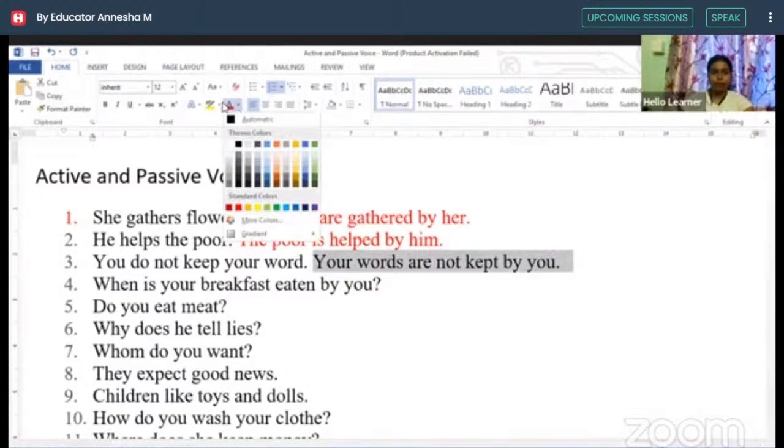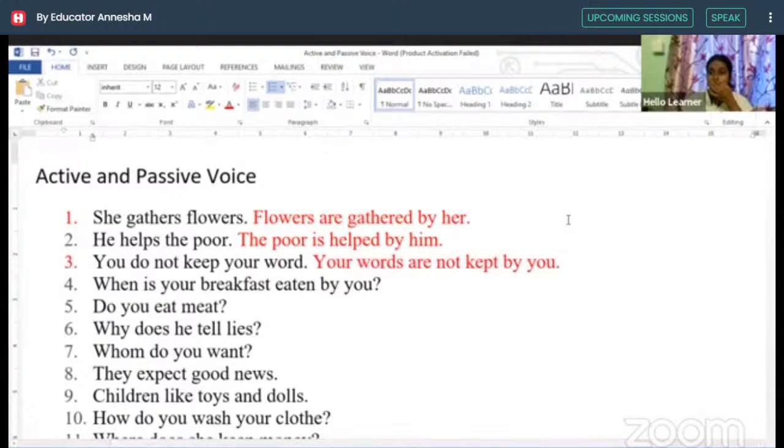But after the word is not words, then we use is. Pardon, ma'am, in the sentence your word. Yes, you did not keep your word. Your word is not kept by you. Right. Very good. Thank you so much, Z. It is singular. Even I thought it is plural. Okay, very nice. Dipali, thank you.